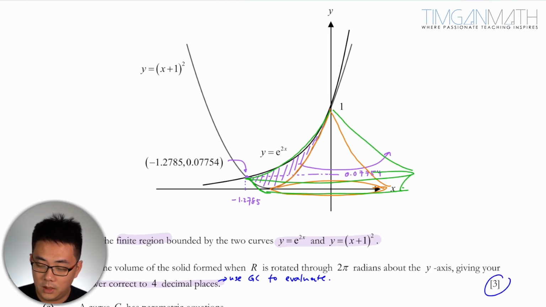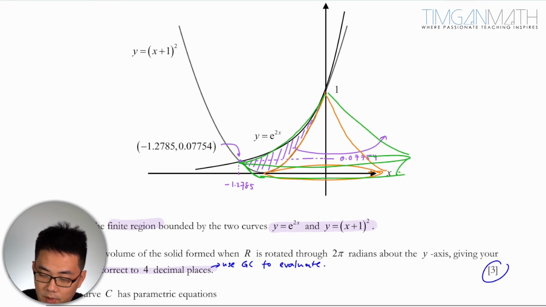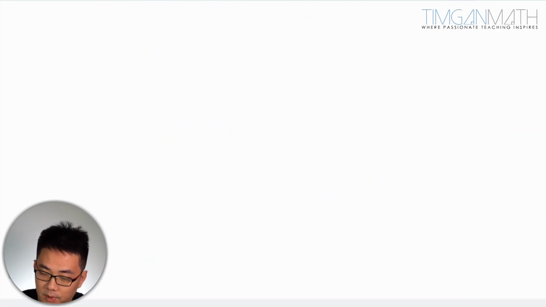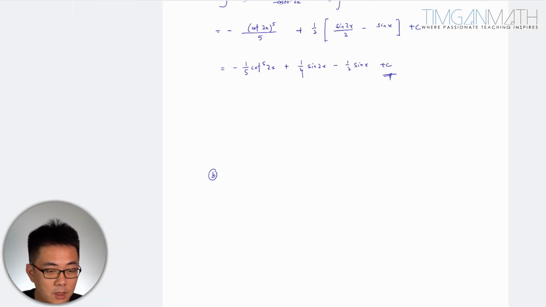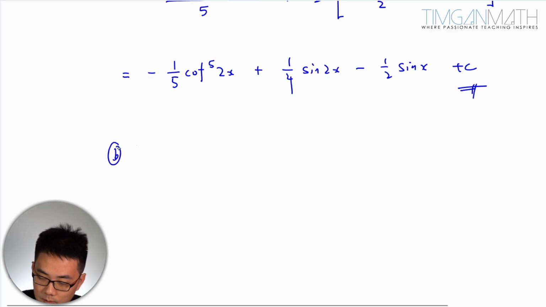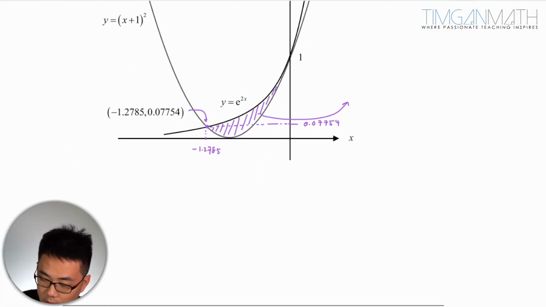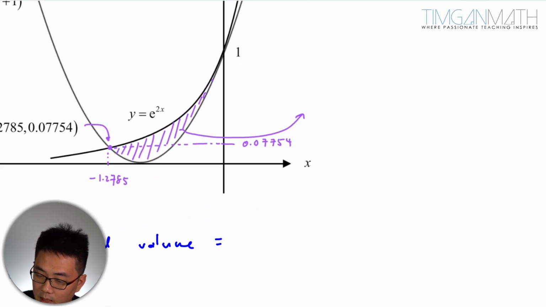Okay, so the shape that you're looking at is essentially, let me just draw it out, what we want for part B. So since this is just, maybe I just snip it out, hold on. So the required volume, I hope we can all see the required volume, would be taking this shape here.